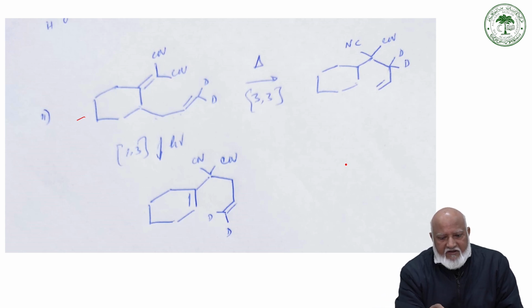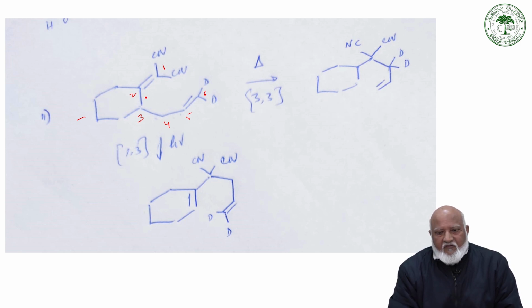This is a diene system once again, with a cyclohexane ring. The basic skeleton is 1, 2, 3, 4, 5 and 6, with two double bonds: one between carbon number 1 and 2, and a second between 5 and 6.